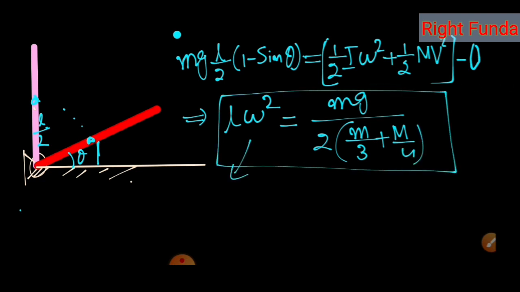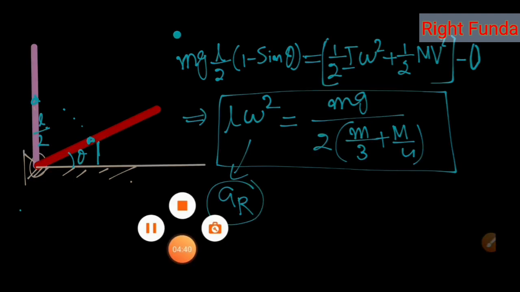This is nothing but the radial acceleration. So we got the radial acceleration, and we got the tangential acceleration from the torque equation. If we take both these values and substitute them in our constraint relation, a_t sine theta is equal to a_r cos theta, we will obtain the relation between M and m. Let's check.